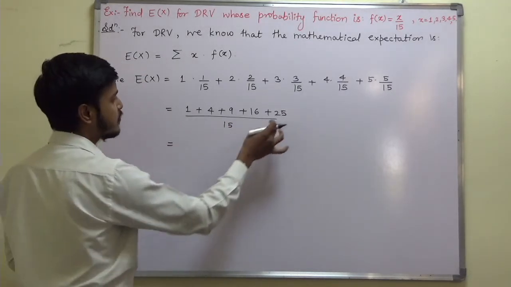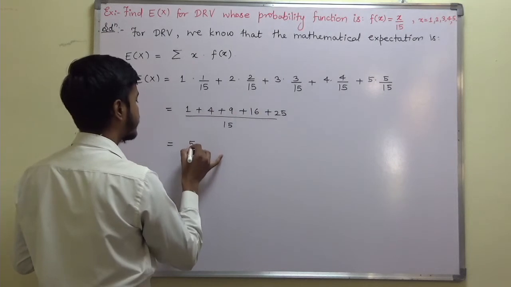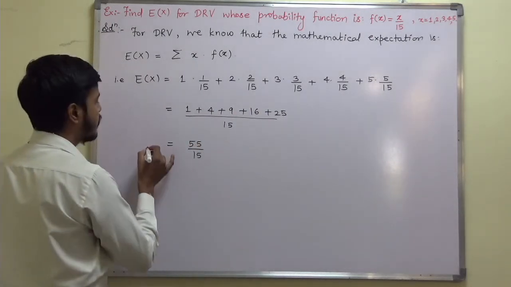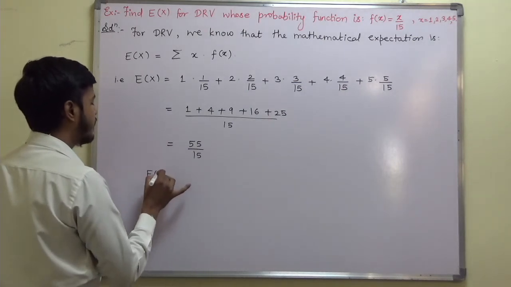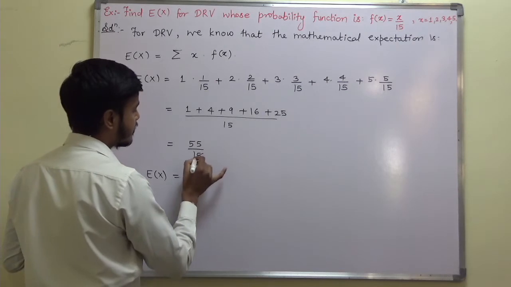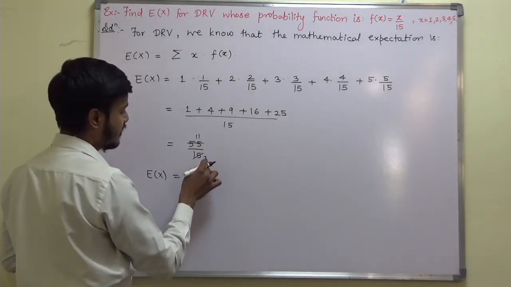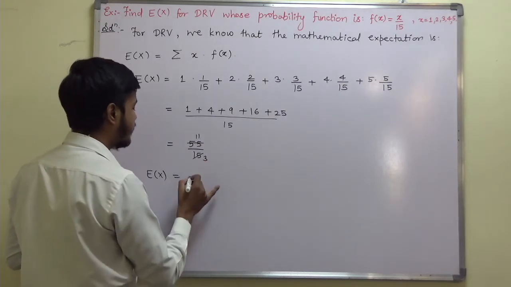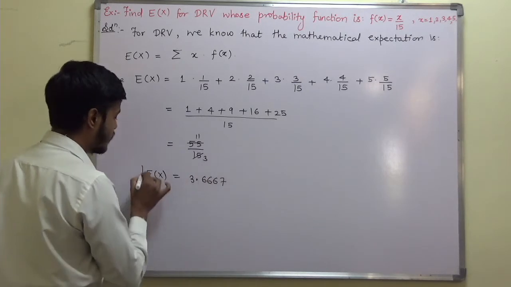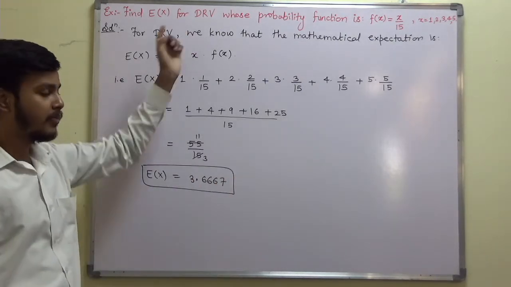The sum of this would be 55. So this is 55 by 15. When you divide 55 by 15, you get 11 by 3, which is 3.6667.